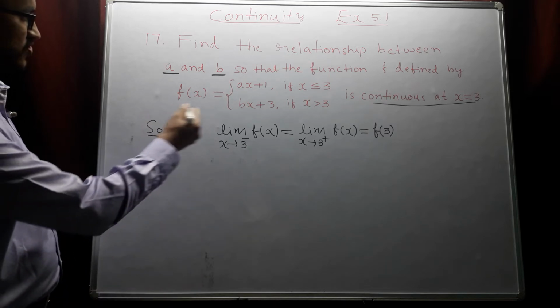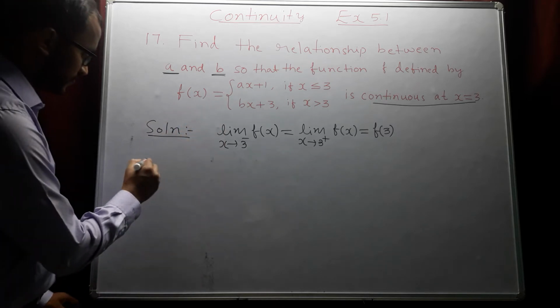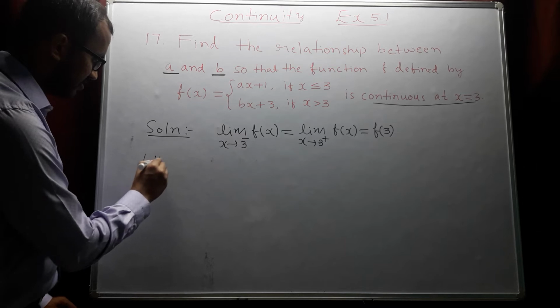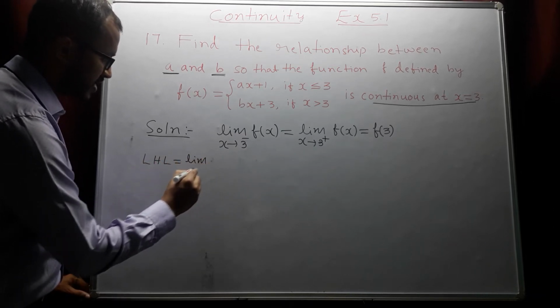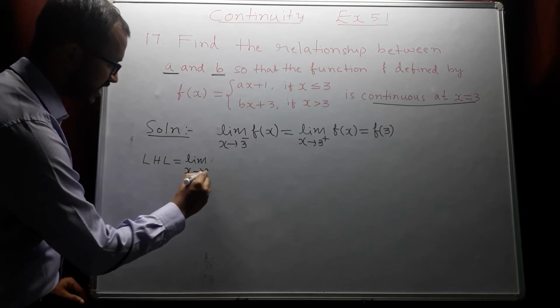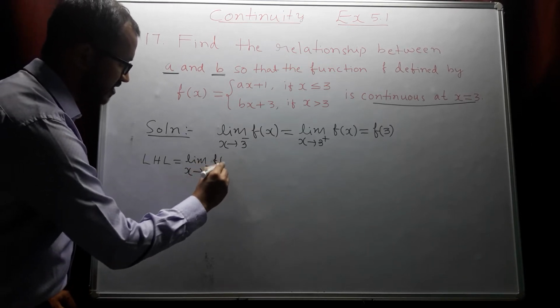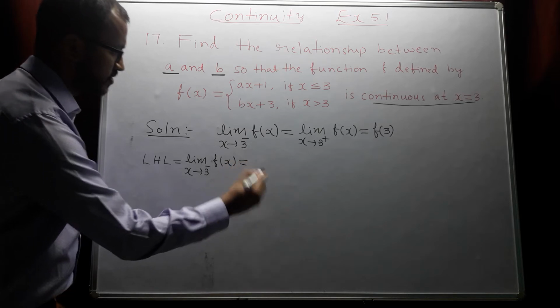So let us compute the left hand limit. Left hand limit is equal to limit x tends to 3 minus f of x.